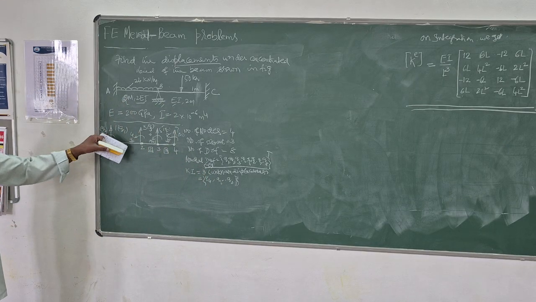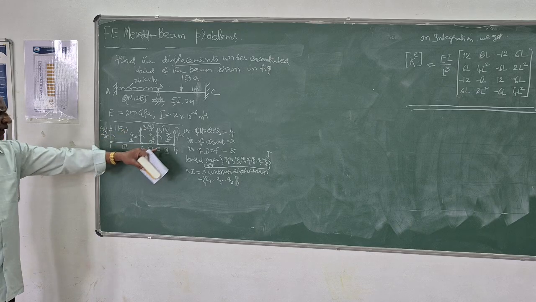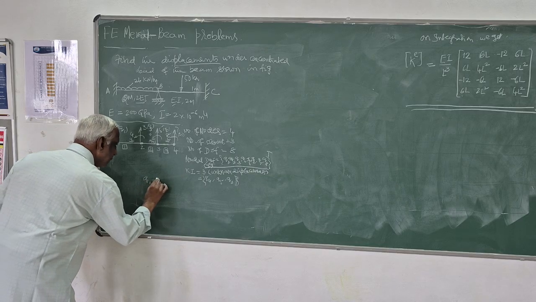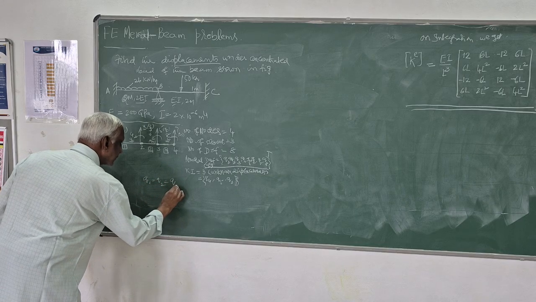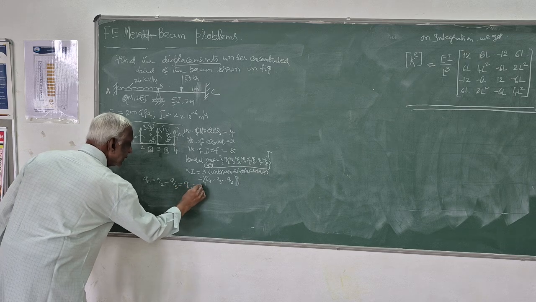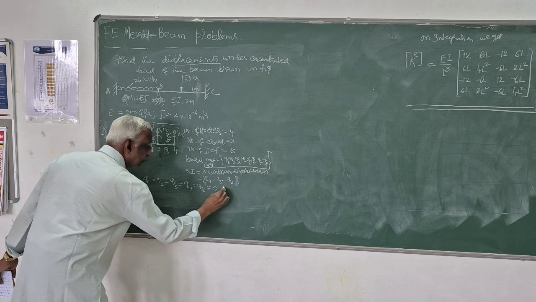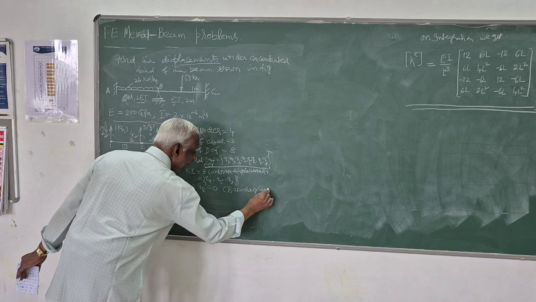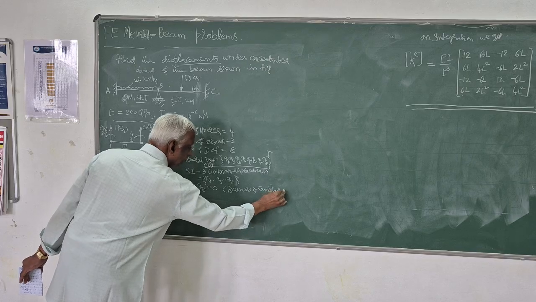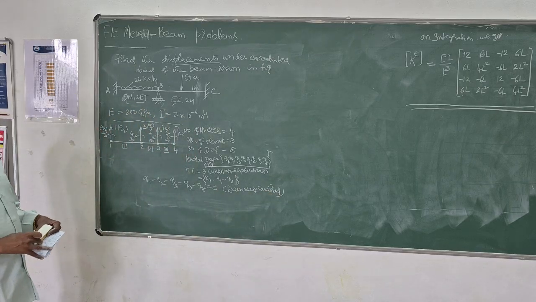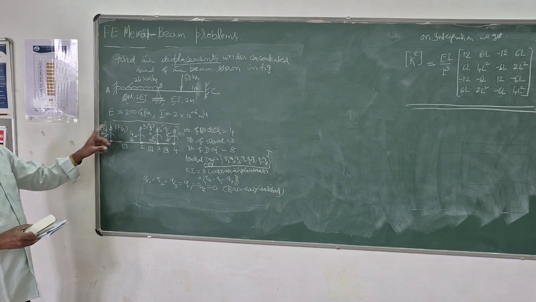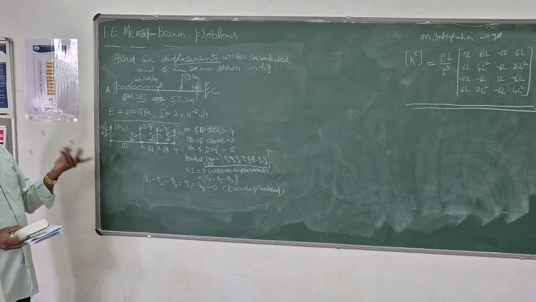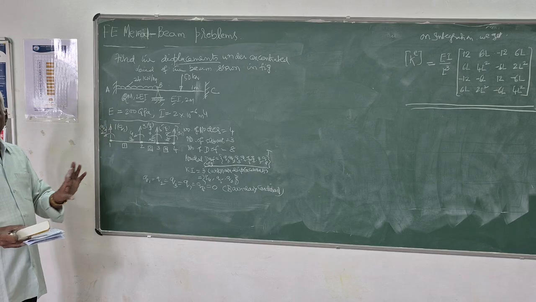The known displacements, by boundary conditions, Q1, Q2, Q3, Q7, Q8 are 0. That is called the essential boundary conditions: essential displacement, that is, the vertical displacement as well as the first derivative are zero. But the second and third derivatives I am not equating to zero.